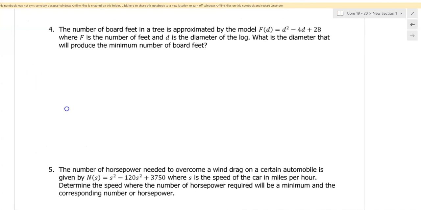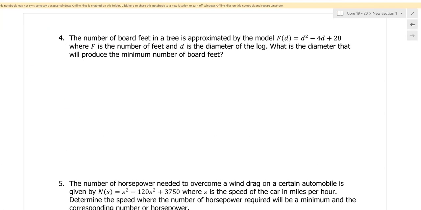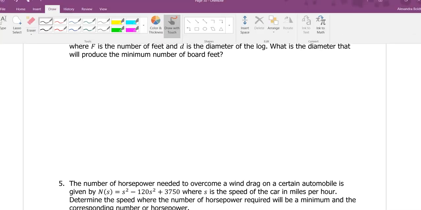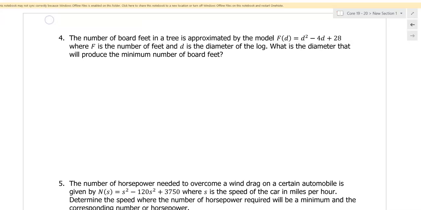All right, let's look at our next example. The number of board feet in a tree is approximated by the model f of d equals d squared minus 4d plus 28, where f is the number of feet and d is the diameter of the log. What is the diameter that will produce the minimum number of board feet? Okay. So, same thing. I'm going to take this equation and just set it equal to 0.